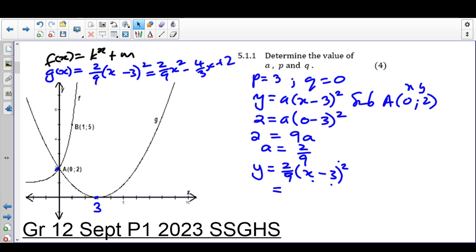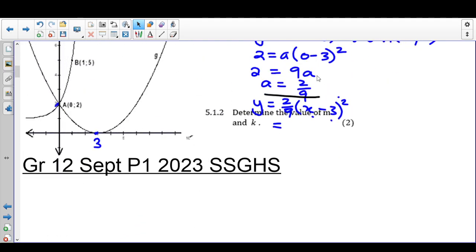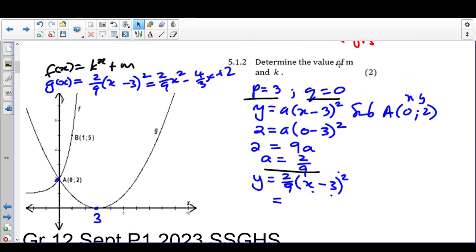So we got the a value, we got the p, and we got the q value. You would agree with that? Again, the question paper and memo can be found in the description box below, the link to it.